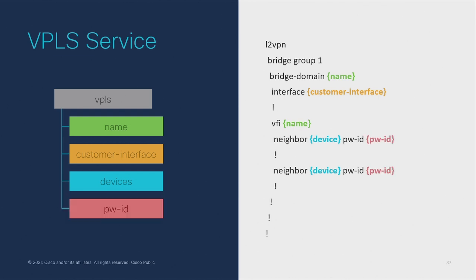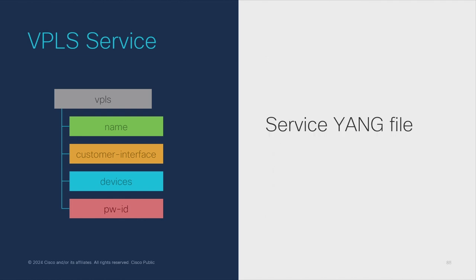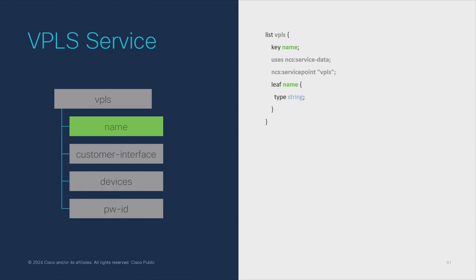And what we can do is look at this graphic and how that would translate to an actual bit of YANG in the text. So we would start off, services are almost always a list because we want to be able to create more than one. We'd have our name as a leaf, which would be a string, and you always need to identify a key for a list, so the name would be the key, and then there's a couple of extra lines you need here, which are generated automatically.